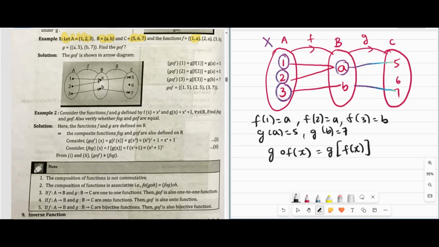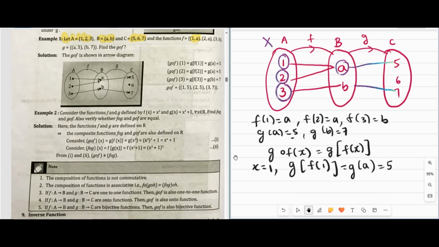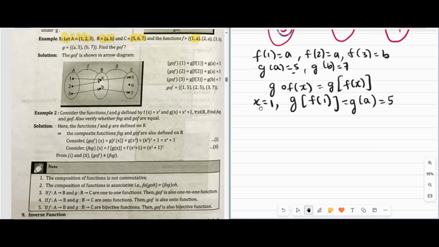If I take x value as 1, the first oval, x equals 1, then g of f of 1. What is f of 1? It is a. So g of a. What is g of a? It is 5. Following? Again, next one, second x is 2.